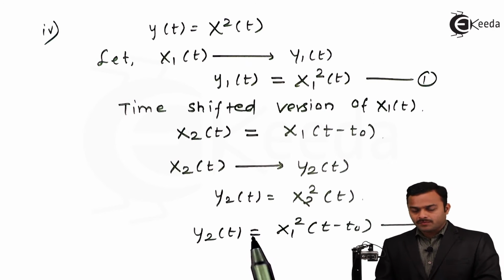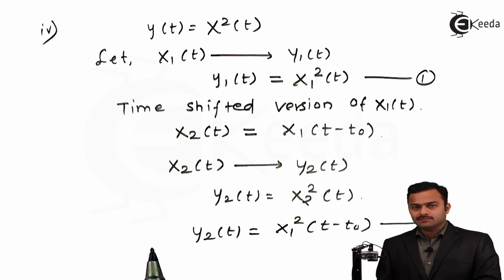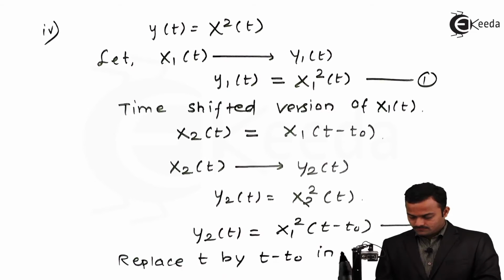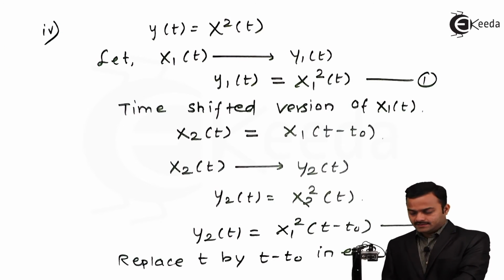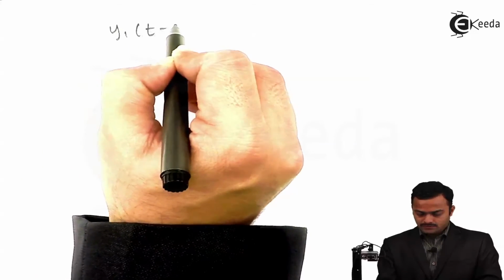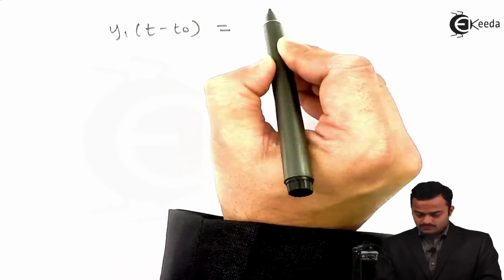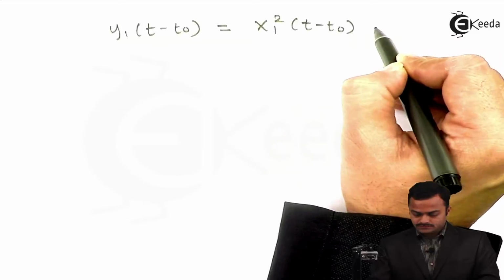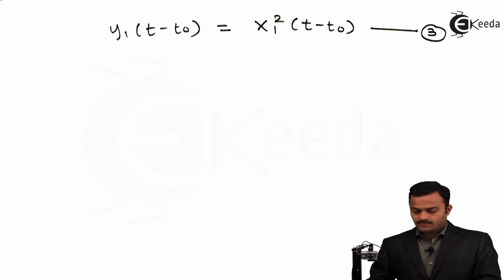Now to check the time invariance property, in the first equation we need to replace t by t minus t0. So I get another equation: y1 of t minus t0 equals x1 square of t minus t0. Equations 2 and 3 need to be the same to have the time invariance property.